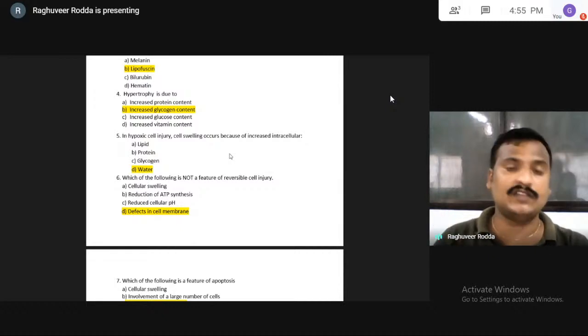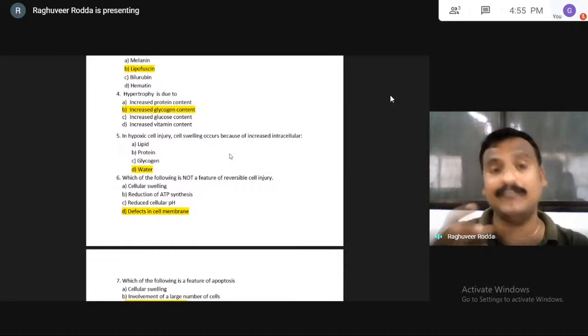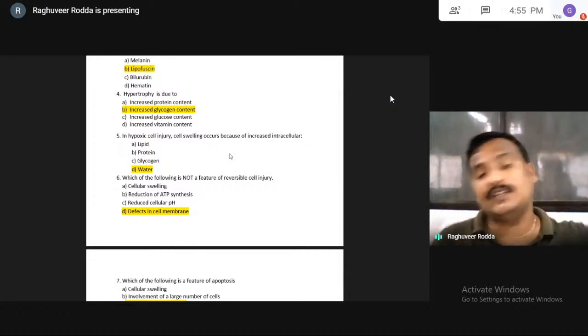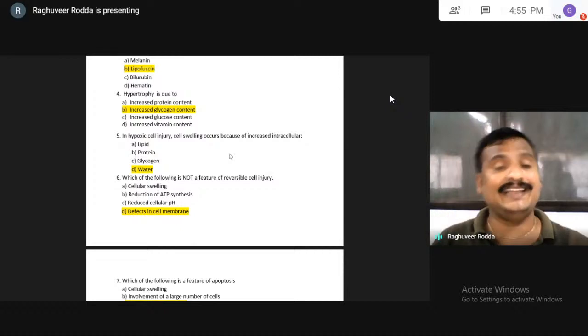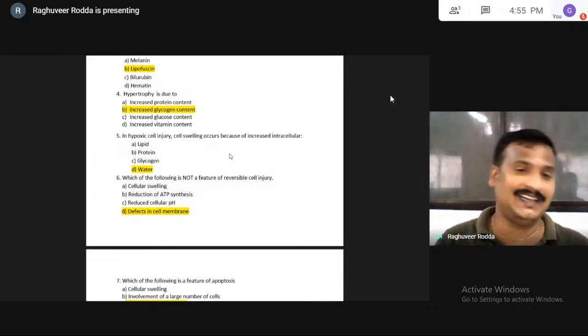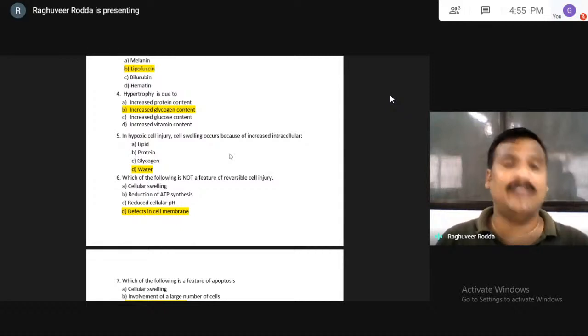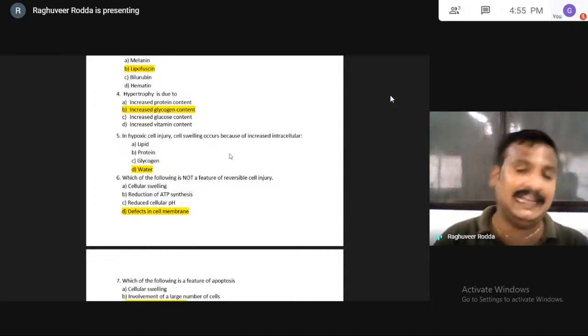Whenever the intracellular sodium concentration increases, it will drag more and more water from the extracellular region to maintain osmotic balance. So the water concentration increases inside the cell. So during hypoxia cell injury, more water comes into the cell, which is the main reason behind the cell swelling. Whenever swelling comes, it clearly indicates that there is an involvement of liquid material.